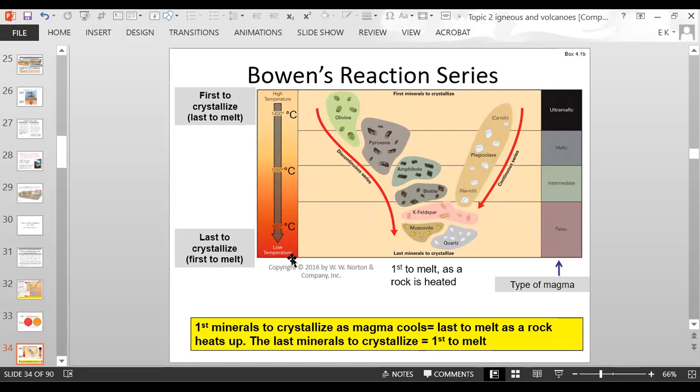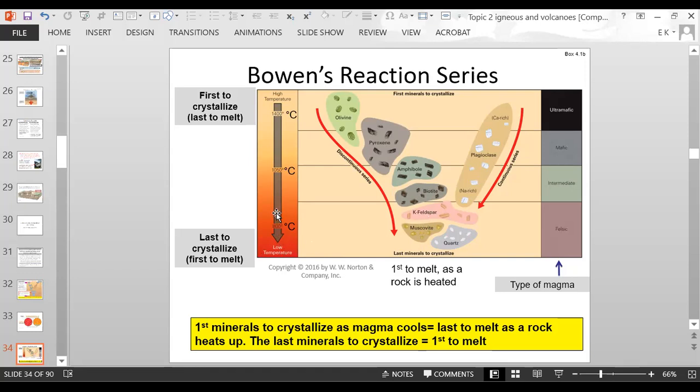The opposite would happen if you had a rock and then melted it. If you start to melt the rock, you're starting at a low temperature. The first crystals that are going to melt are the quartz, the muscovite mica, and then the feldspar.